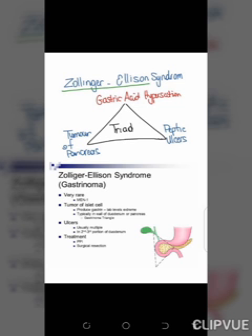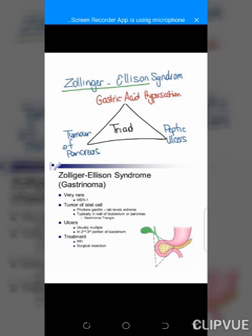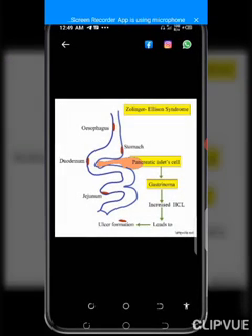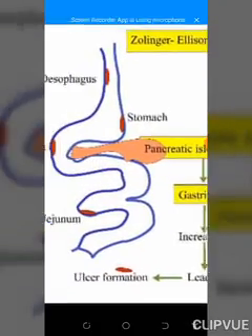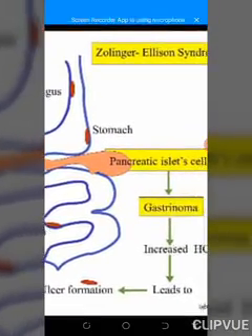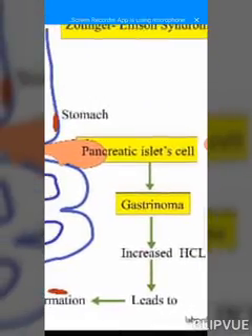Okay, now the next thing we should talk about is Zollinger-Ellison syndrome. When you hear the word Zollinger-Ellison syndrome, the first thing that should come to your mind is gastrinomas. The primary problem is we have tumors, usually coming from the pancreas, non-beta cell pancreatic islets.